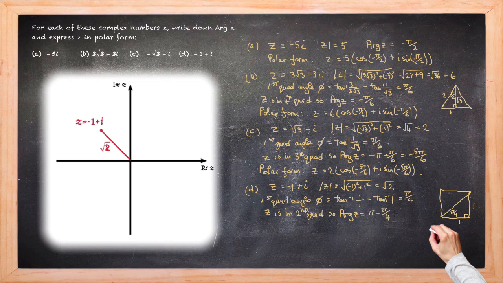So that's 4 lots of pi upon 4 minus 1 lot of pi upon 4. That'll be 3 lots of pi upon 4. So we're now in a position to write down z in polar form. So the modulus is root 2 times cosine of 3 pi upon 4 plus i sine 3 pi upon 4.